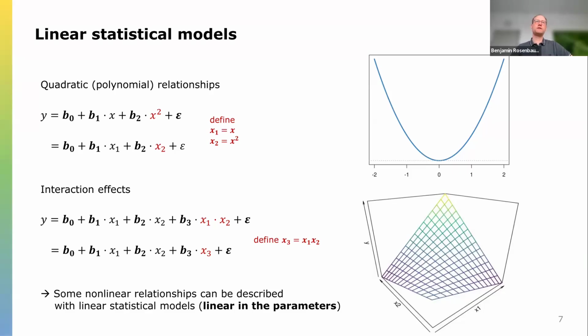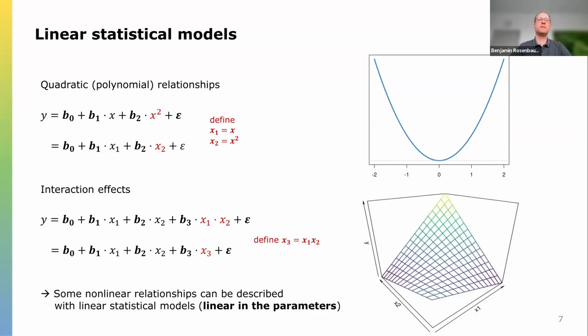If you look at the first equation, it is b0 plus b1 times x plus b2 times x squared. So this is clearly nonlinear in the predictor. However, it is still linear in the parameters. There's just one parameter added, plus the second parameter multiplied with x, plus the third parameter multiplied with x squared.